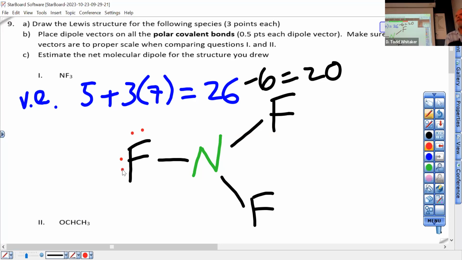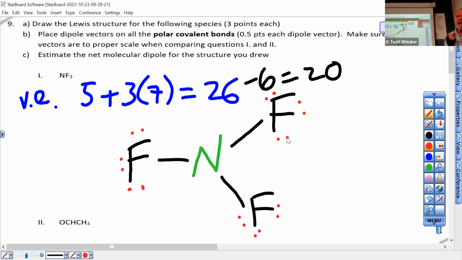I want a full, what's the magic word? I want a full octet. So now fluorine has 8 electrons around it. Move on to the next one. You're up to 12, right? Out of your 20. And then 2, 4, 6, that is 18, I believe, right? I'm missing a lone pair, yes.